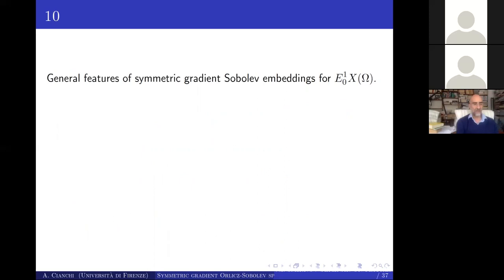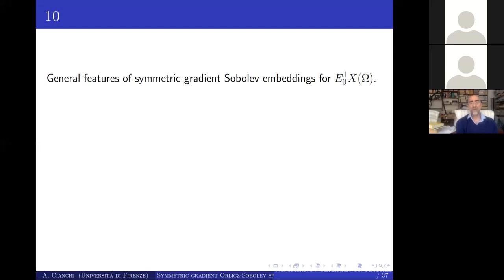And the point is that these features of the embeddings for these spaces X are different depending on whether we are in the subcritical regime or supercritical regime. What do I mean by these two expressions? So subcritical means that the best possible target for an embedding on this space E1X is in fact just a rearrangement invariant space. So it's just a space defined in terms of integrability of functions.